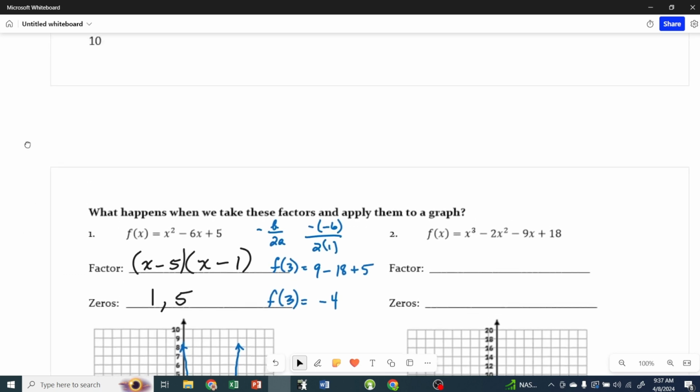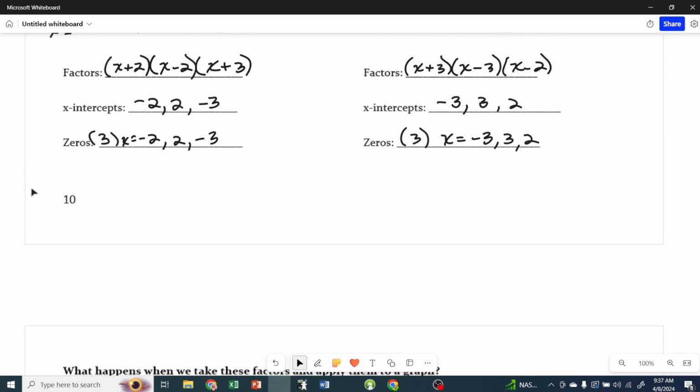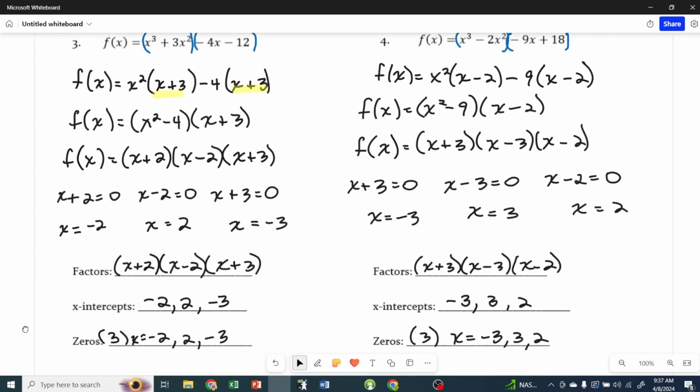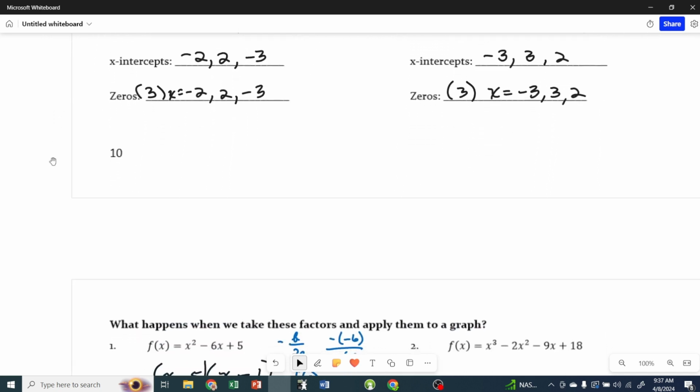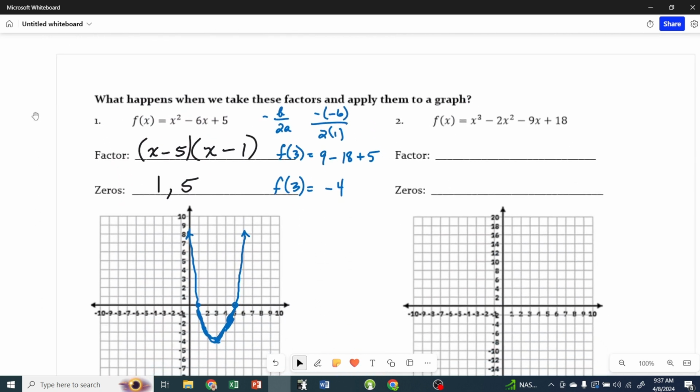Let's see what we do with our cubic, which is right up here, x cubed minus 2x squared, right? So our factors are x plus 3, x minus 3, and x minus 2.